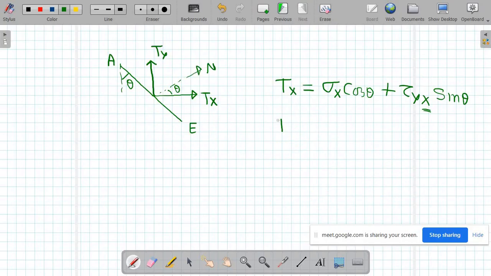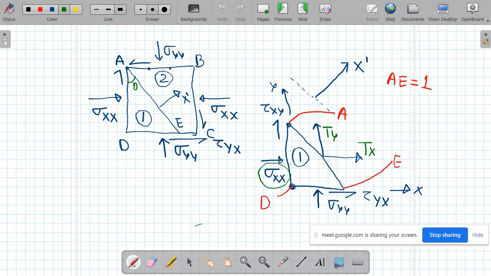Similarly we have written in the last class Ty, and this Ty is equal to shear xy. Again you note down, xy means force is applied in y direction. It has to be multiplied by sine component.